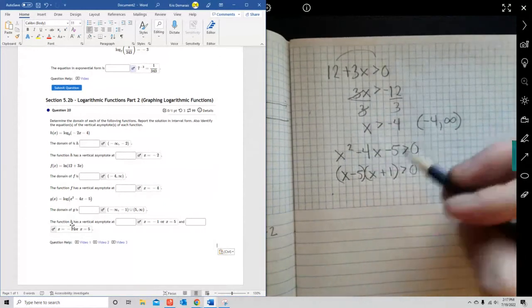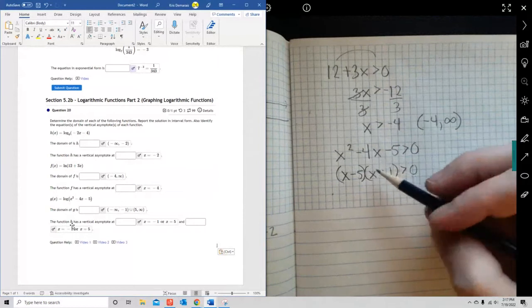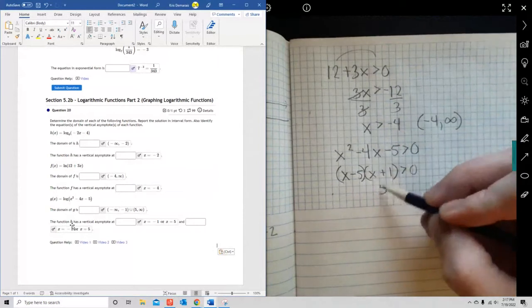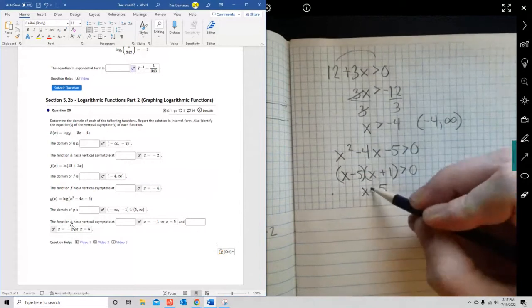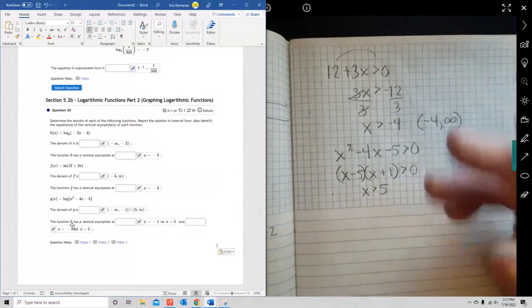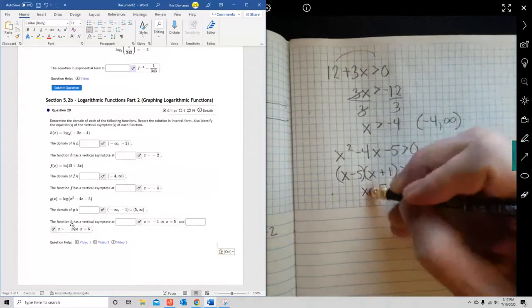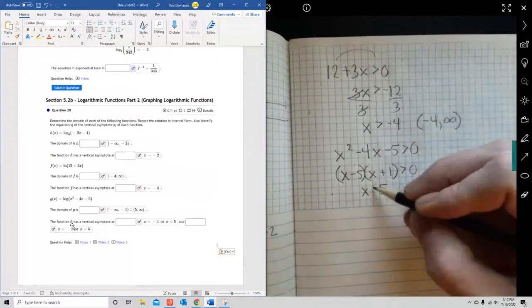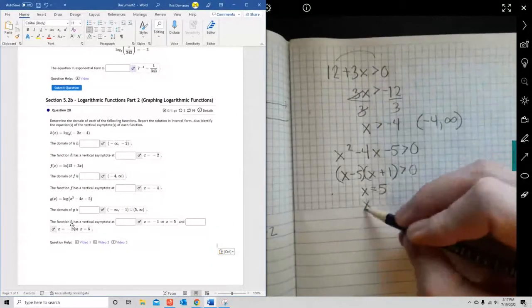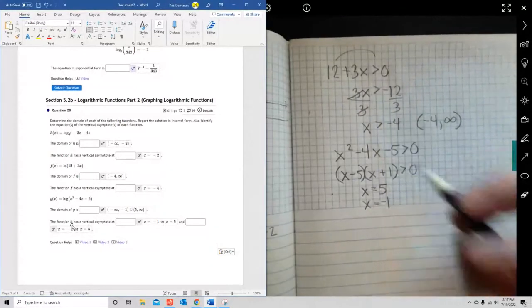So we get two factors, and those are two domain restrictions, where x is 5 and negative 1.